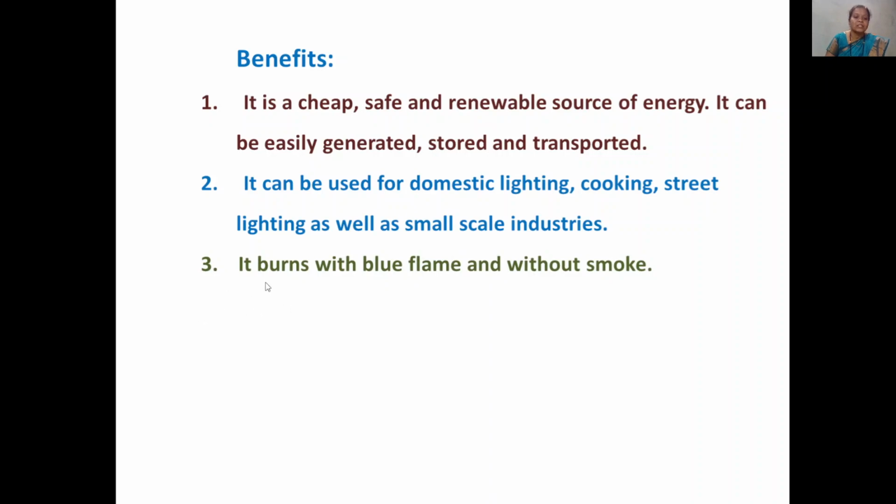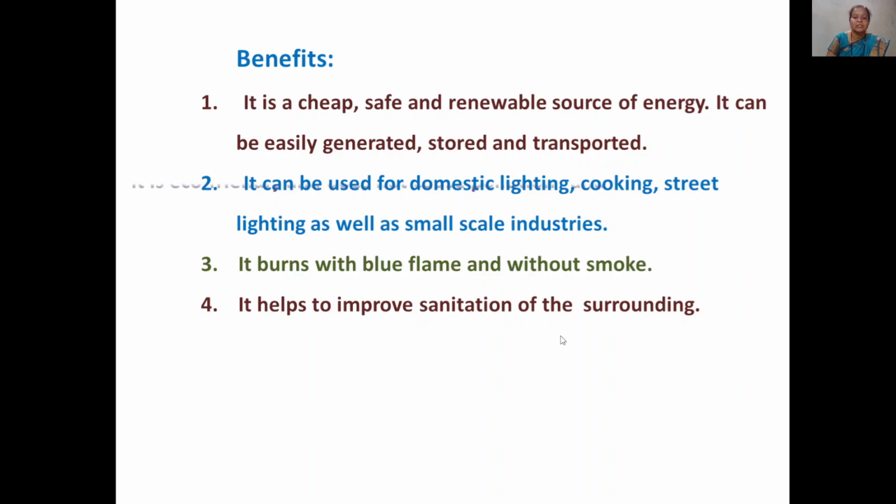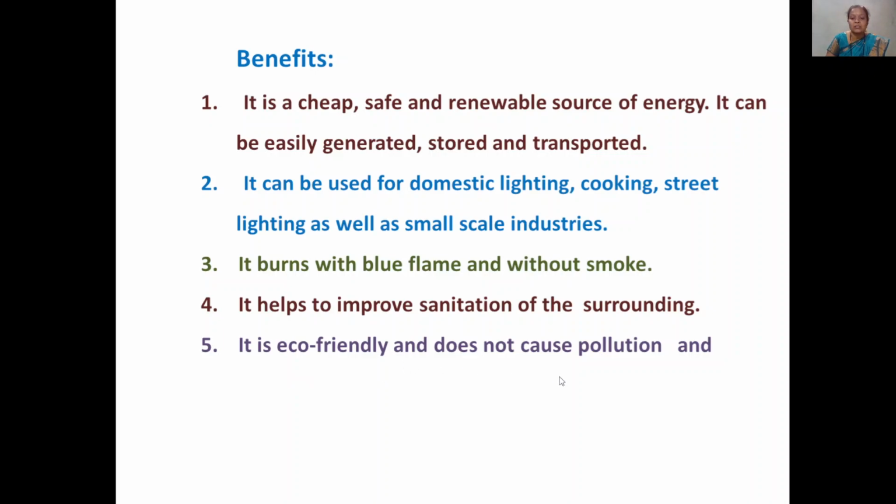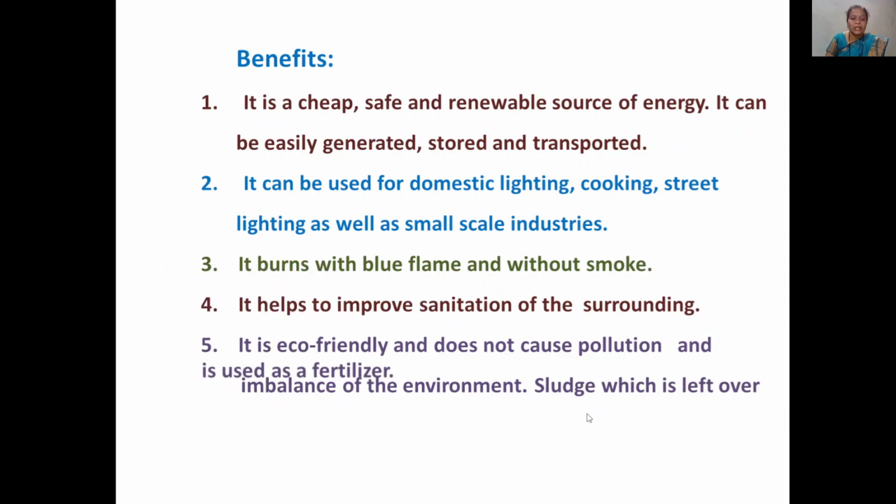Third benefit is it burns with blue flame and without smoke. Fourth benefit of biogas is it helps to improve sanitation of the surroundings. Fifth benefit is it is eco-friendly and does not cause pollution and imbalance of the environment. Sludge which is left over is used as a fertilizer. Go to next slide.